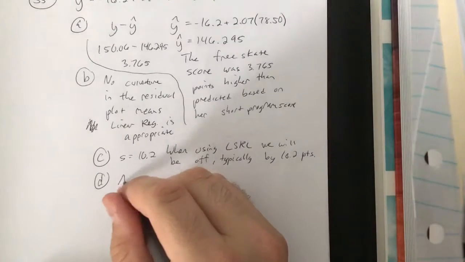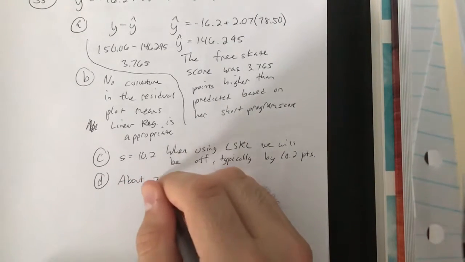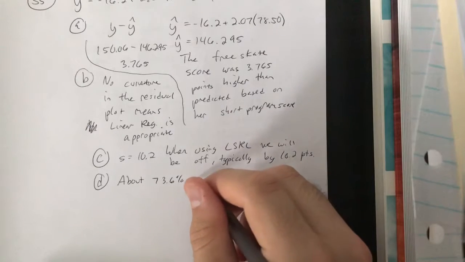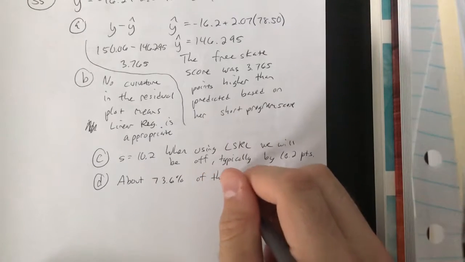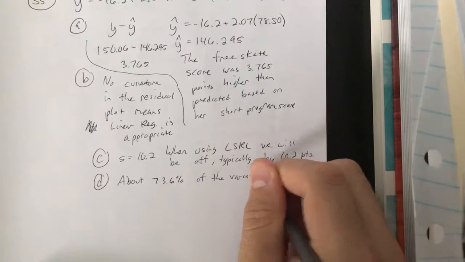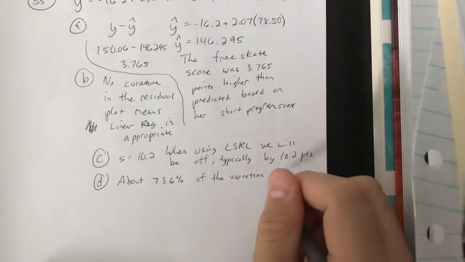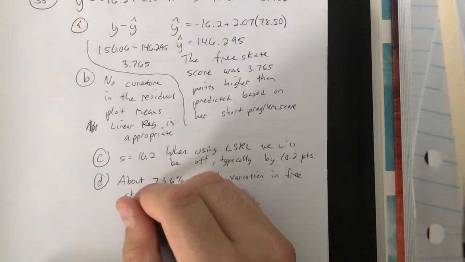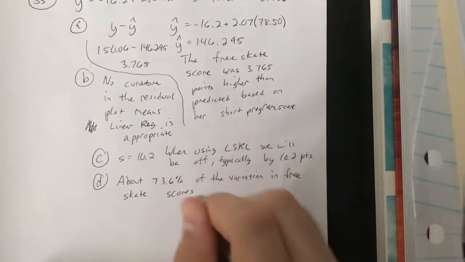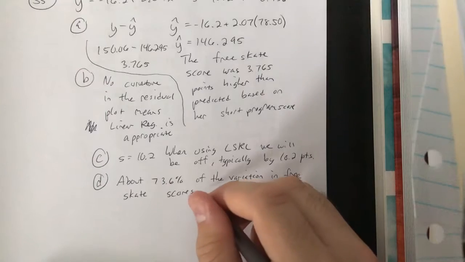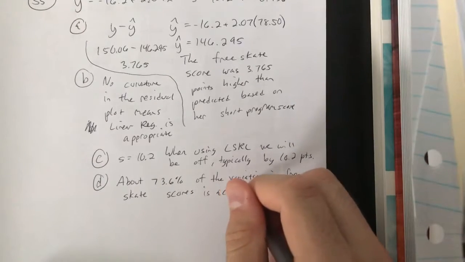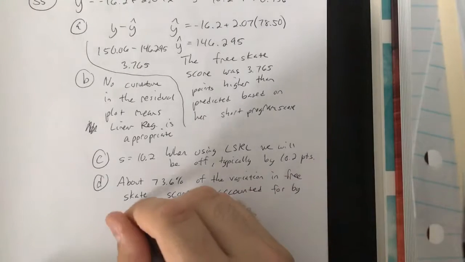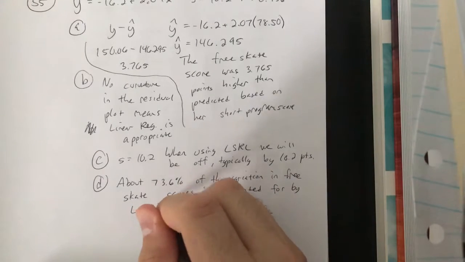And then D, about 73.6% of the variation in free skate scores is accounted for by the least squares regression line.